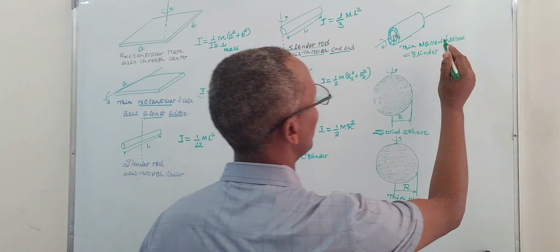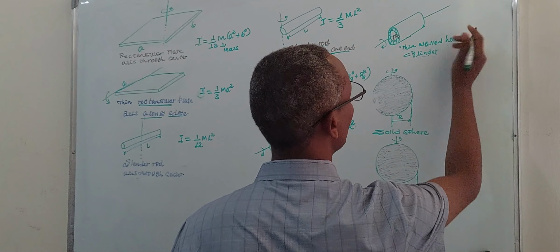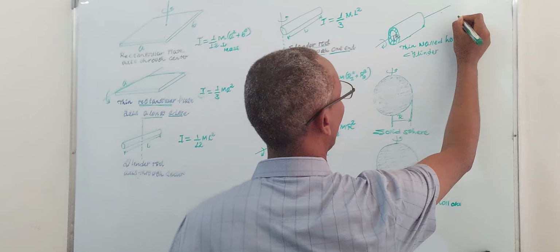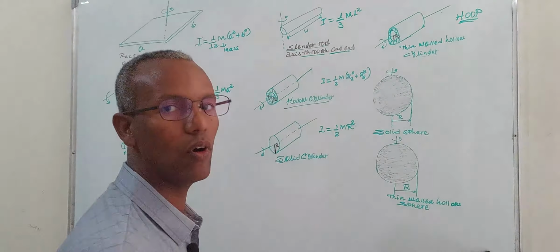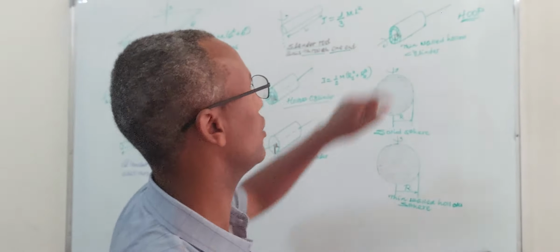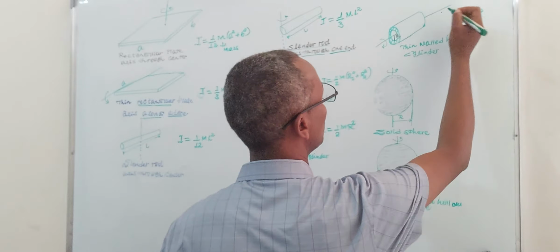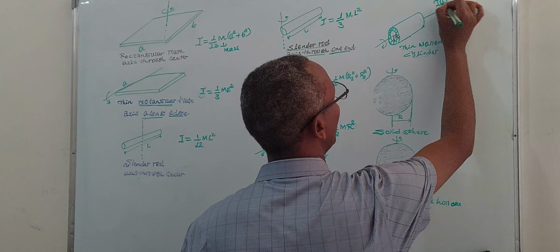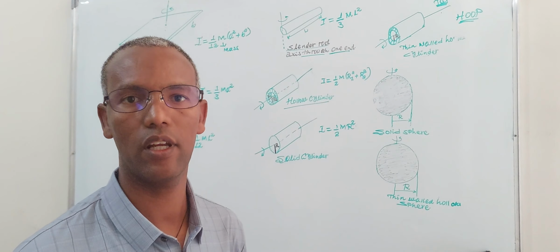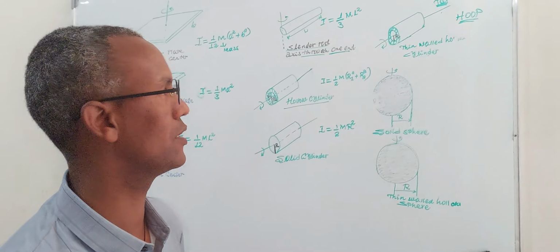And then for this one, this is basically a hoop. We call it a hoop. You can take an example, a tape. It's not a tap, basically it's a tape.